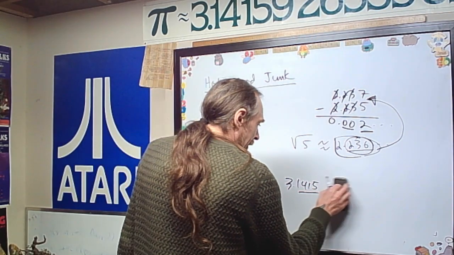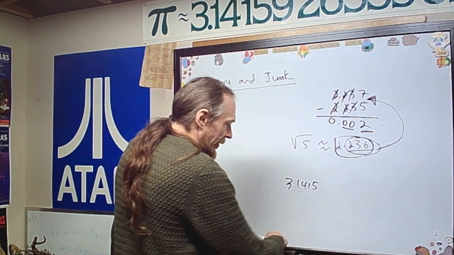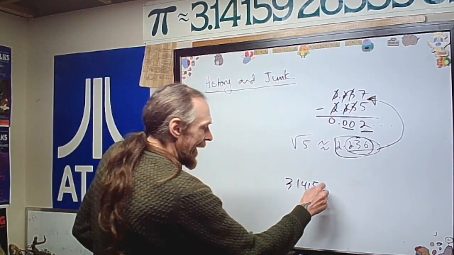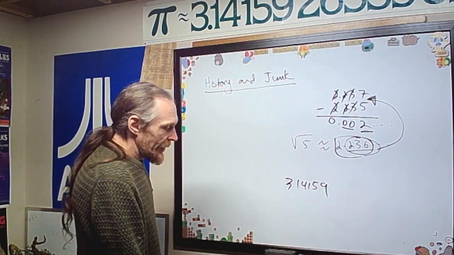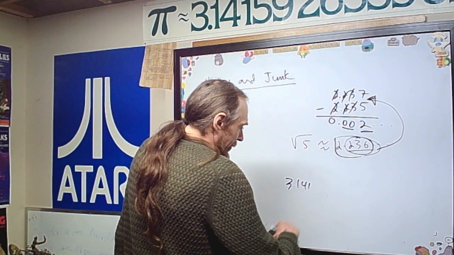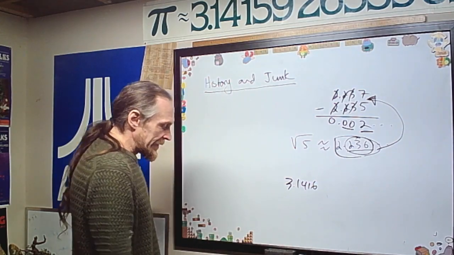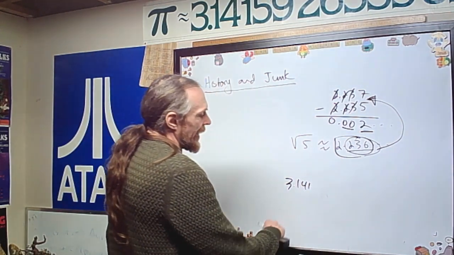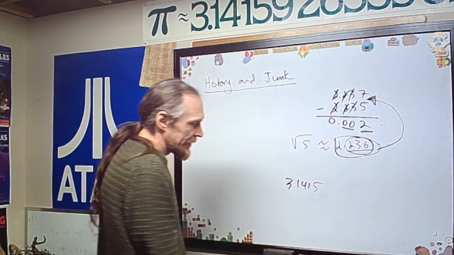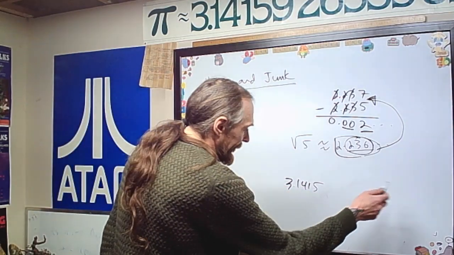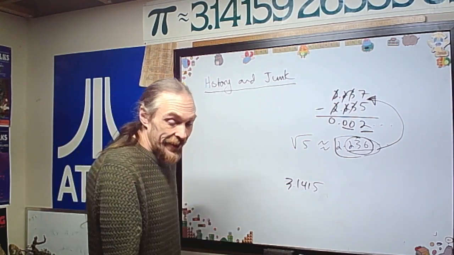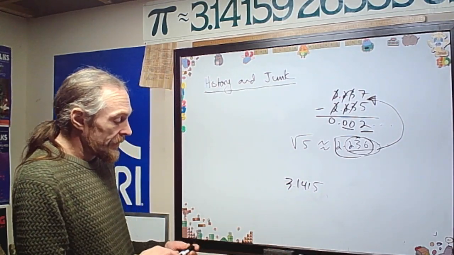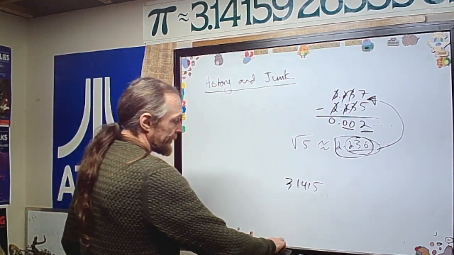If I truncate to 3.1415, even though the 9 was next, do you notice how I didn't round it to 3.1416, because I want to know what the actual digits are? And how does your calculator know what the actual digits are? It's not even in that floating point, whatever it is, it's not rounding them the way that we would train you to round. So that was the first approximation I did.